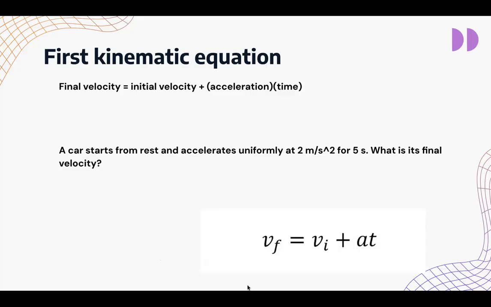Okay, if you want to do this really quickly, you just have to realize that it's at rest, so that immediately means that there's no velocity in the beginning. So this is equal to zero. And no, DM means direct message.